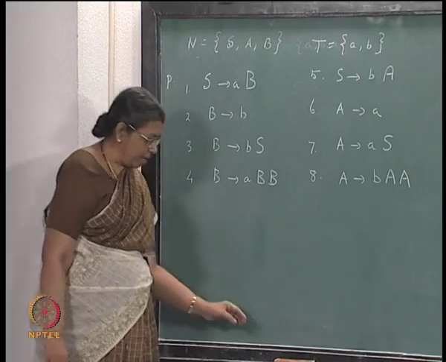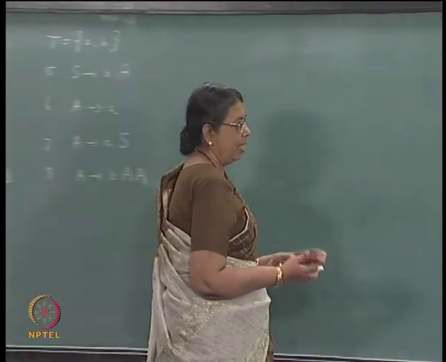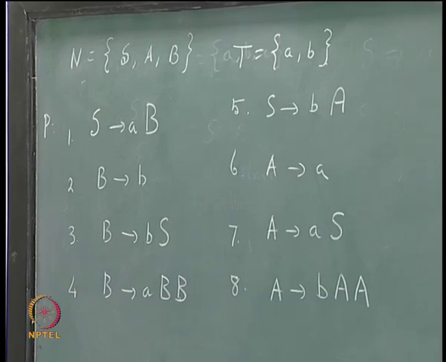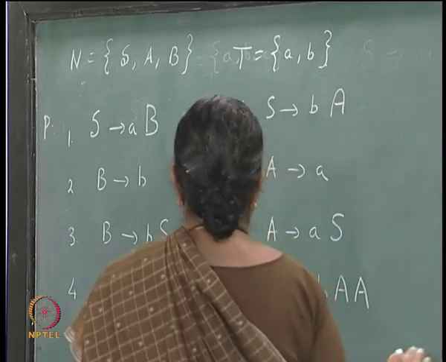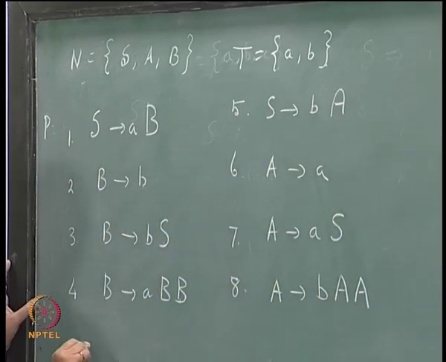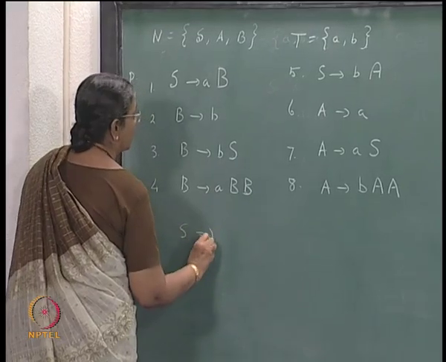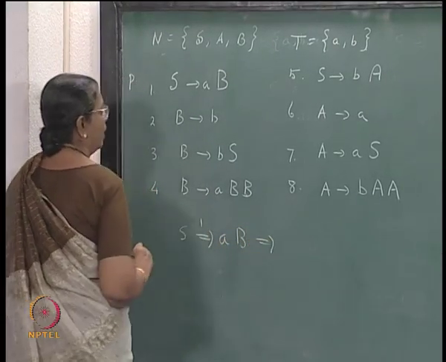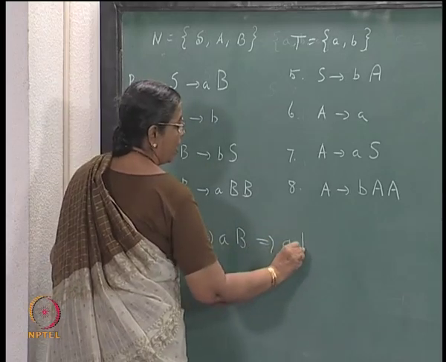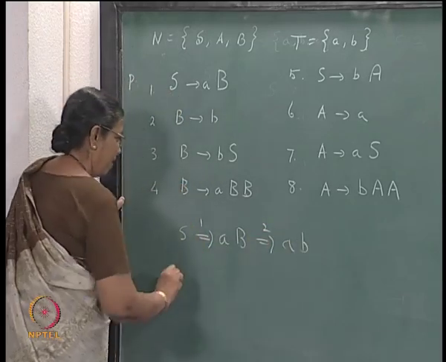Try to generate a few strings in the language. What are the strings generated? Let us try to generate some strings. S goes to AB, rule 1, then rule 2, you will get AB.